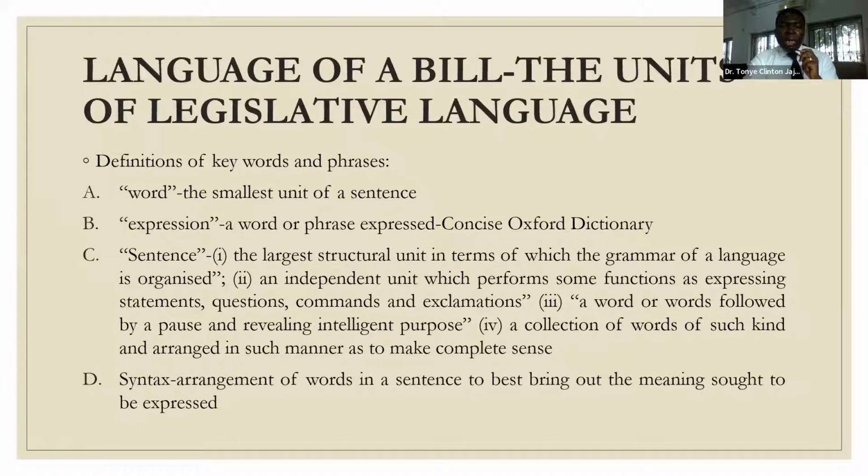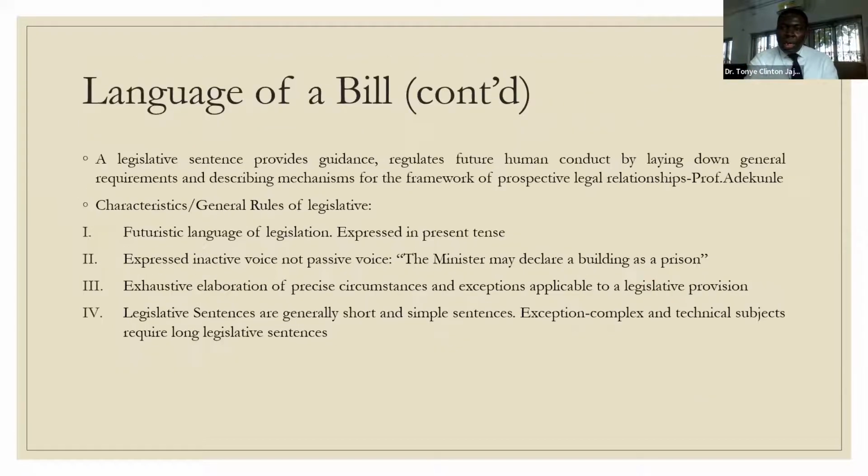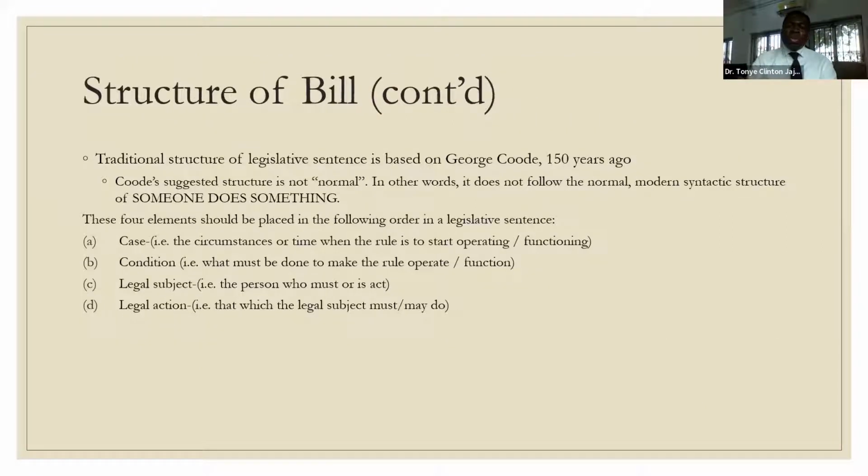Now, the language of legislation. Every legislation is made up of sentences. The legislative sentence has 4 parts. I will introduce you to the 4 parts of a legislative sentence: the legal action, the legal subject, the case, and the condition.